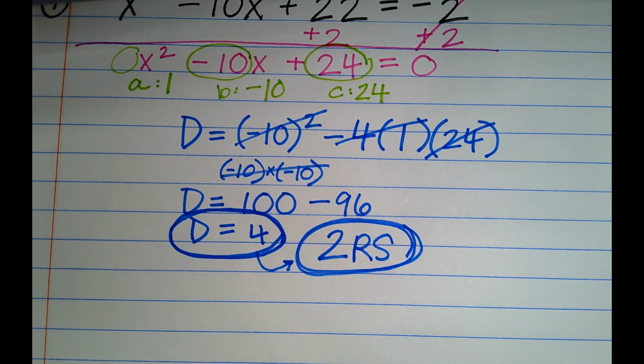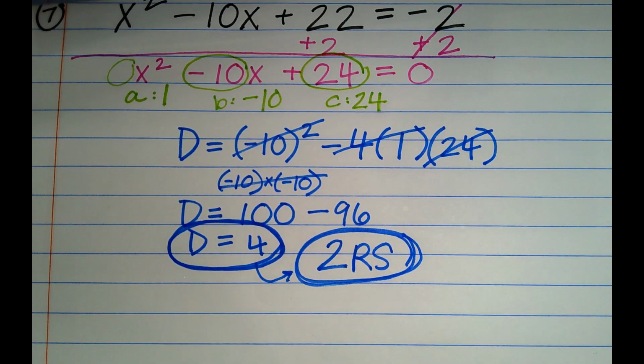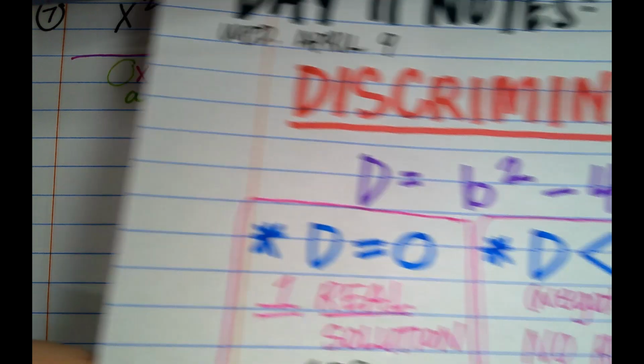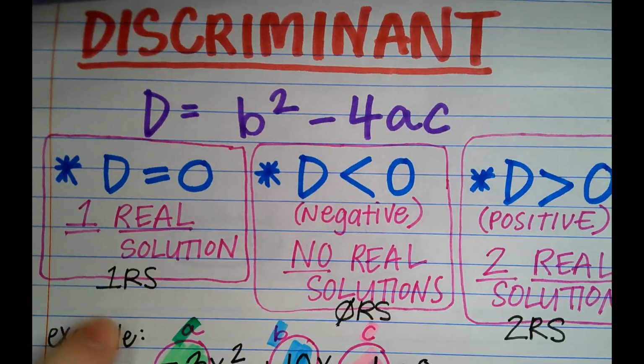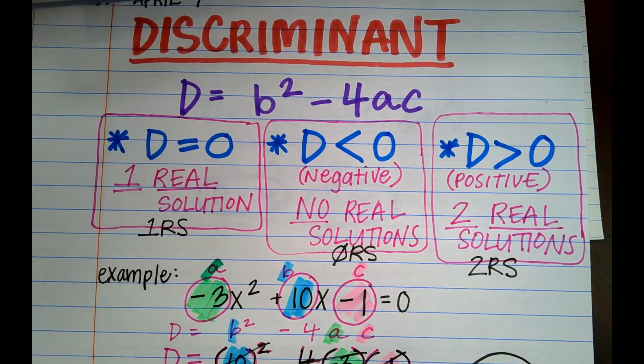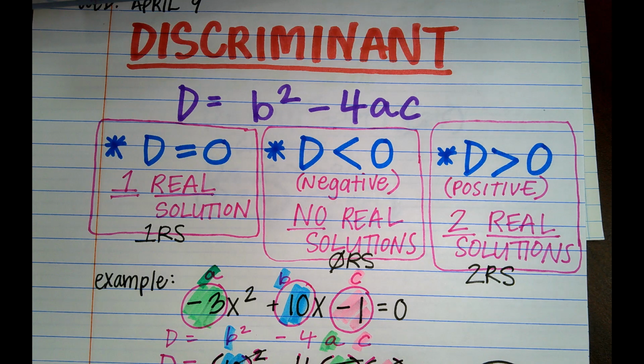Now I want to show you something else. This isn't something that you will necessarily be tested over, but I think it helps to see things visually sometimes, and I found this helpful when I was learning how to do it. But I'm going to go back to the previous page and look at this little chart for a moment where we wrote out all the different types of solutions.